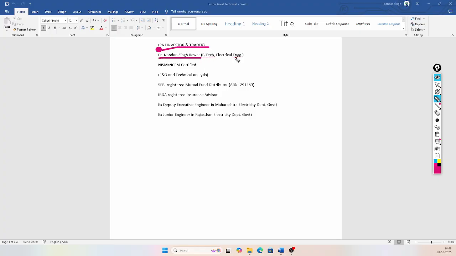He is a B.Tech electrical engineer, NISM and NCFM certified, FNO technical analyst, SEBI registered mutual fund distributor, ARN 291453, IRDA registered insurance advisor, ex-JBT executive engineer in Maharashtra Electricity Government, and ex-junior engineer in Rajasthan Electricity Government.